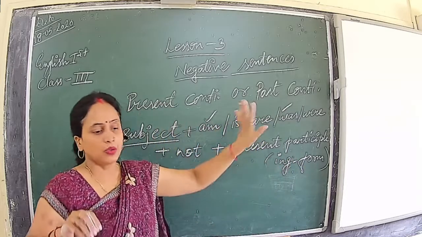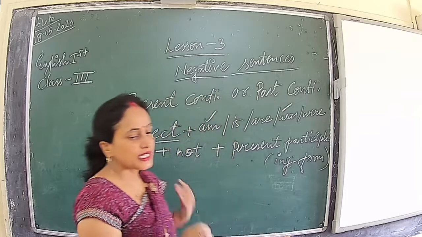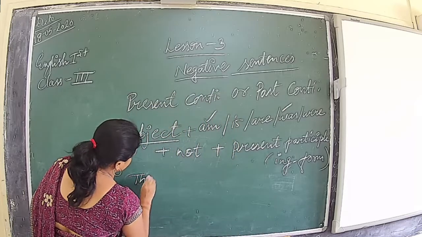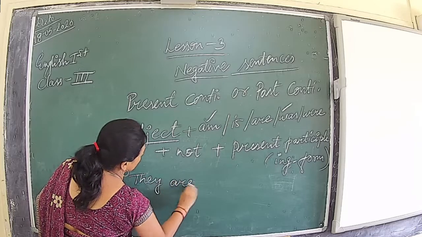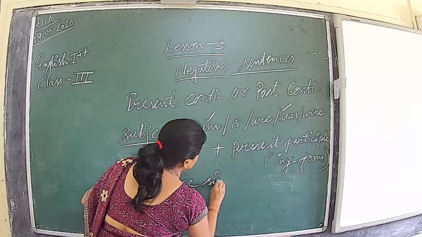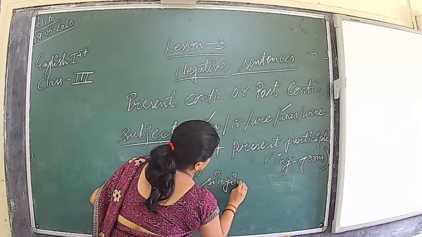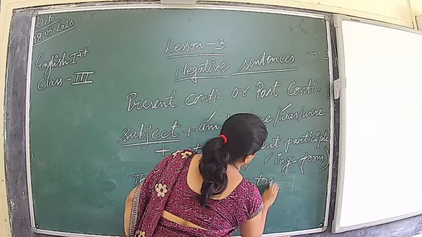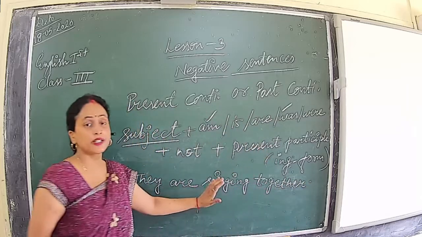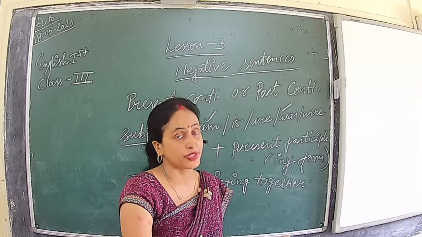Now we will see here. Suppose they are singing together. One example. They are, as they is a plural. They are singing together. Now which sentence is this? It is the affirmative sentence.